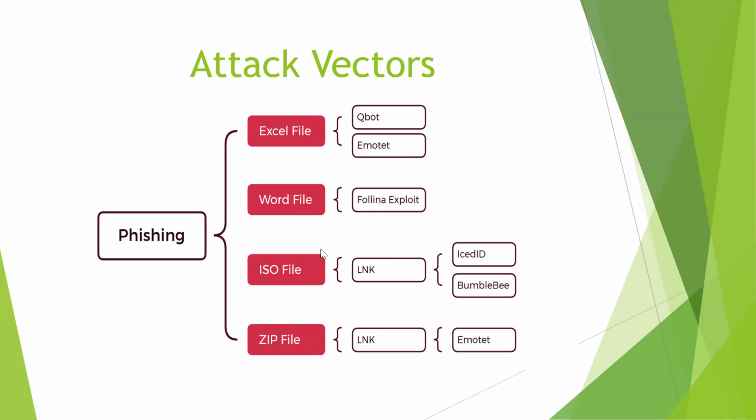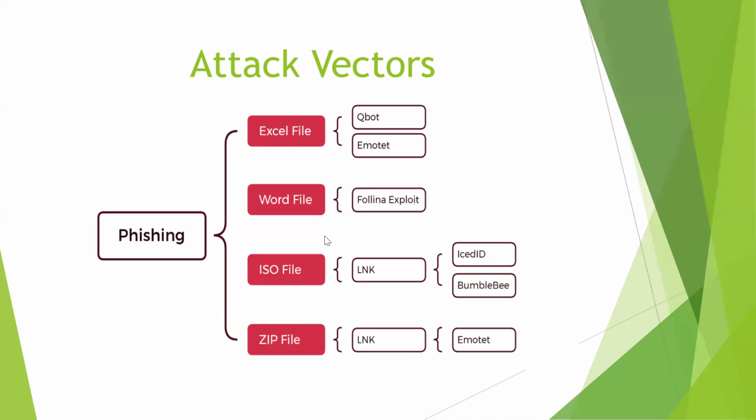So the ISO file could have some malware or maybe a dropper that could have a pointer to some PowerShell scripts that would download malware from remote sources, like let's say IcedID, Bumblebee, or even Emotet for zip files.